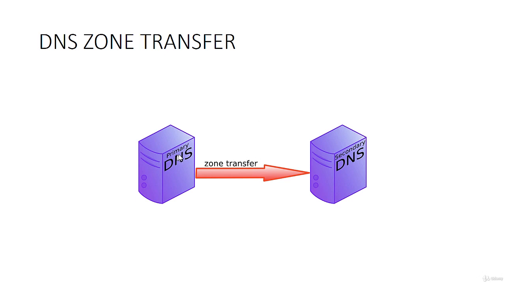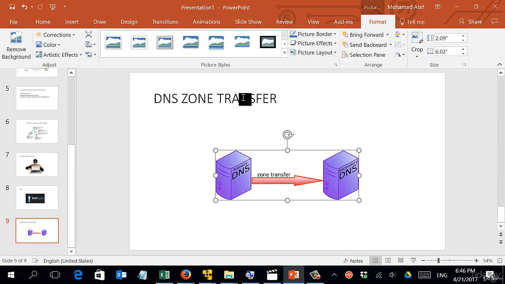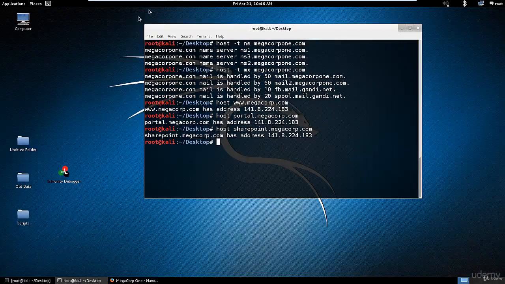And because it was not well configured, the primary DNS will send a copy of the zone that includes all the names and IPs to the hacker machine, assuming that it's the secondary DNS. Let's see how it's done and how successful it could be. Now, one more time, getting a zone transfer will not lead to a full compromise, but as we're going to see during the course, it will help plan for a successful attack.